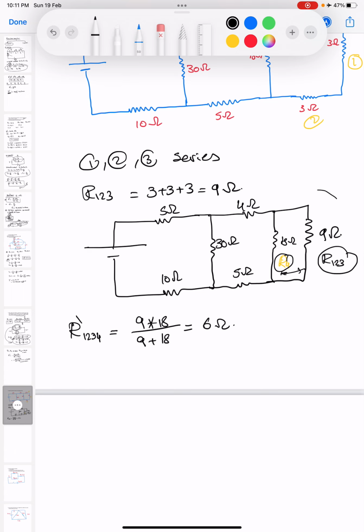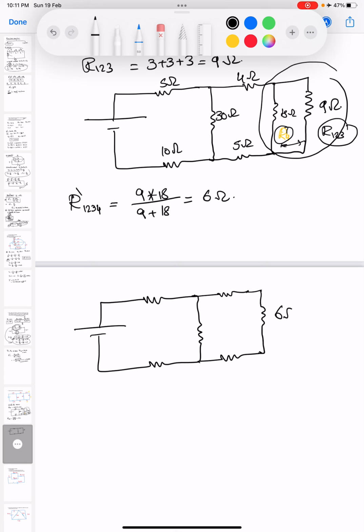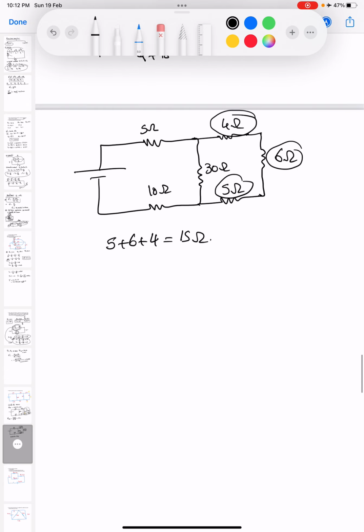Okay. So we can simplify the circuit. This is 6 ohm, 4 ohm, 5 ohm, 30 ohm, 10 ohm, 5 ohm. The 4, 6, 5 are in series. So our total here is 5 plus 6 plus 4 equals 15 ohm. So we can simplify the circuit.